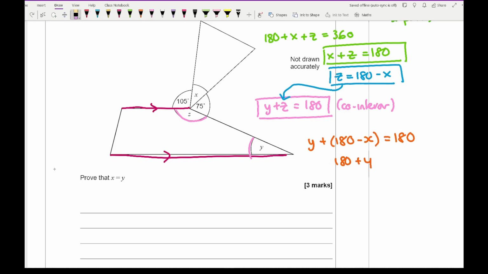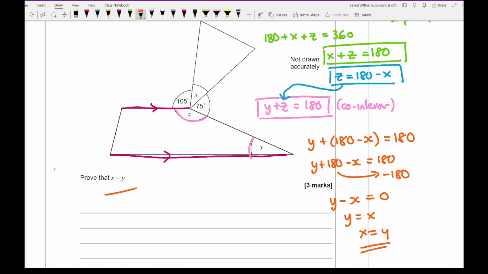No, I've got that wrong, bear with me. So here I've got y plus 180 minus x equals 180. Take the 180 over to the other side, so that becomes 0. So y minus x equals 0. So y equals x, or x equals y, which is exactly what they wanted me to show.